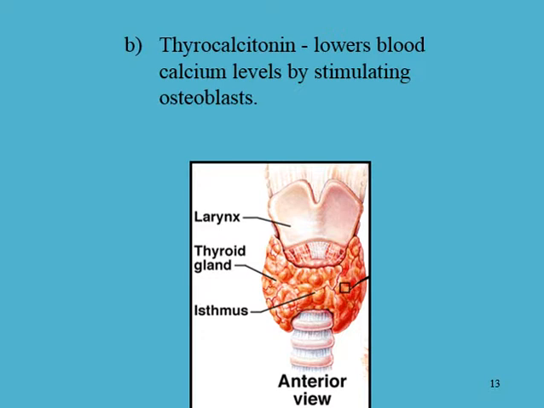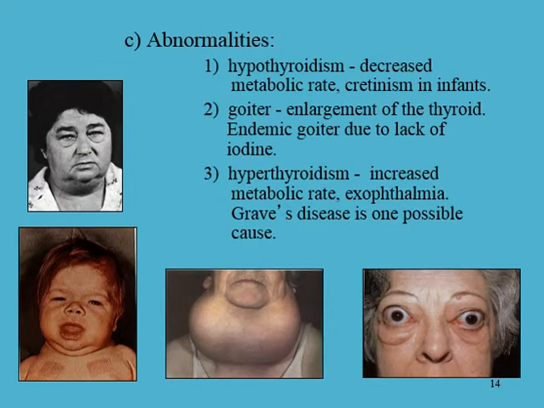So some abnormalities. Hypothyroidism. If you don't have enough thyroxine coming from your thyroid, you're going to have a depressed metabolic rate. If this occurs in an infant, we actually have a special name for it. We can call it cretinism. Not a very nice name.